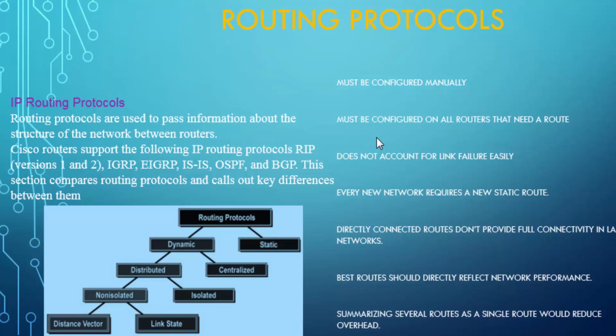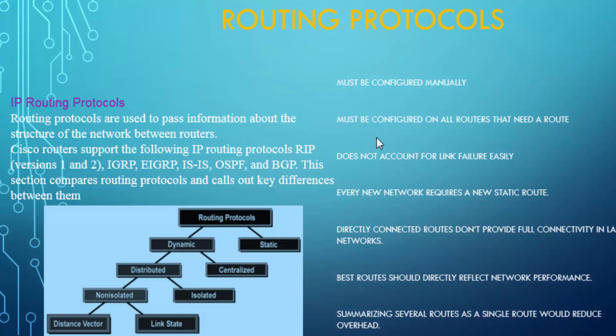Summarizing several routes as a single route would reduce overhead. When we are talking about reducing overhead, we are talking about when several of the routing protocols can have issues with carrying the whole IP route tables, and everything that works with that.